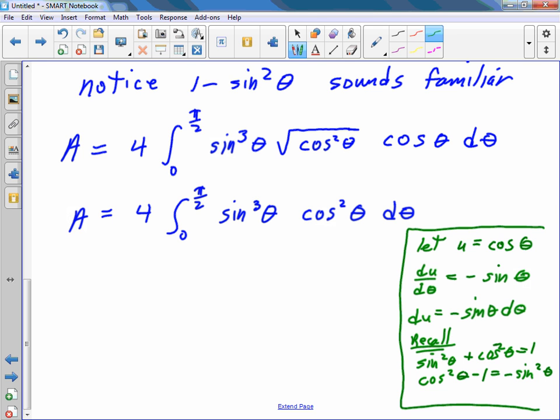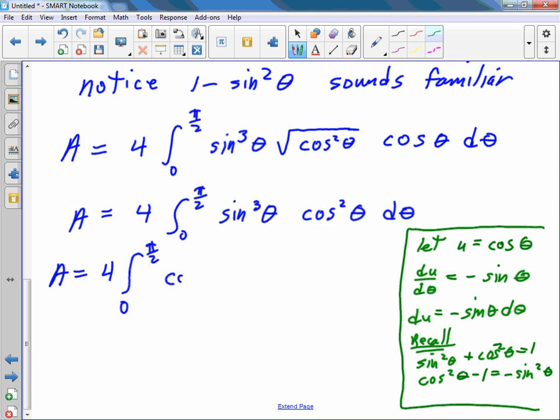So then we have the integral 4 times the integral from 0 to pi over 2. And I wrote this a little bit differently now. I said that this is cosine squared theta. I'm going to do it different.